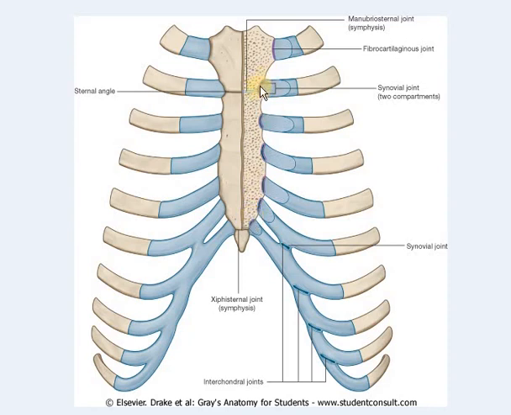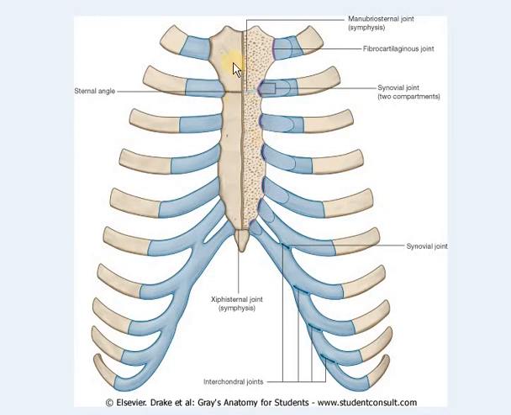So this one is the second synovial joint. This one is the third synovial joint between the third rib and the sternum, then fourth, fifth, sixth and seventh. So these seven ribs articulate with the sternum, out of which the first rib articulates by a primary cartilaginous joint, and the rest of the ribs, second to seventh, form the synovial joint.